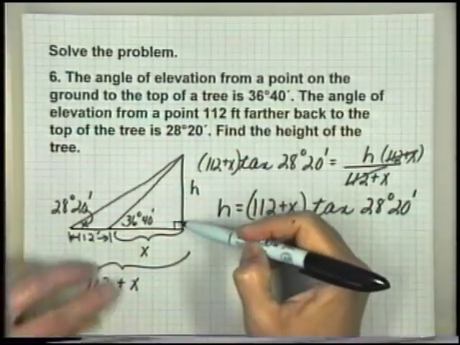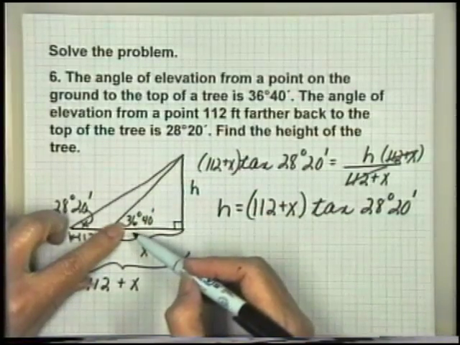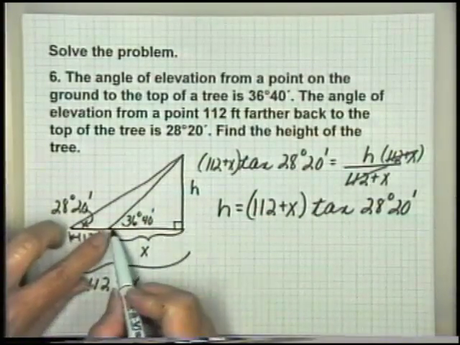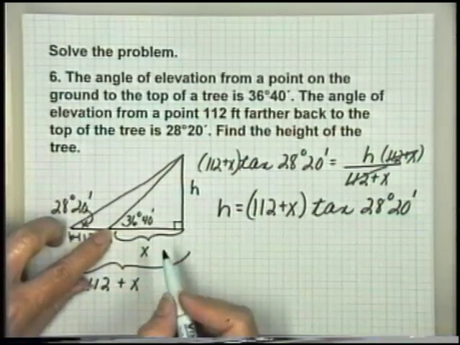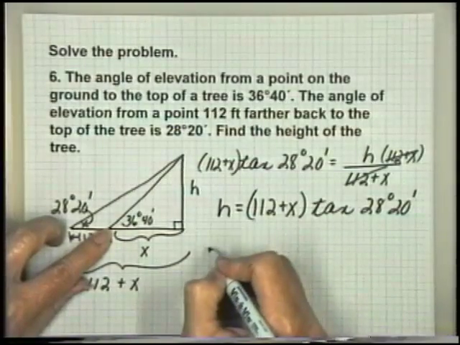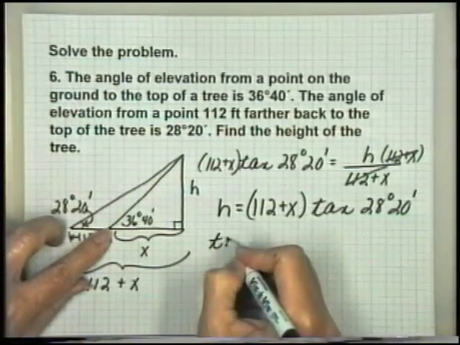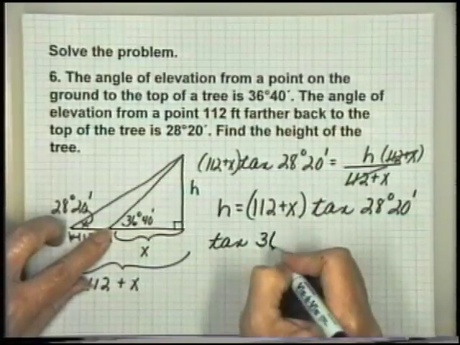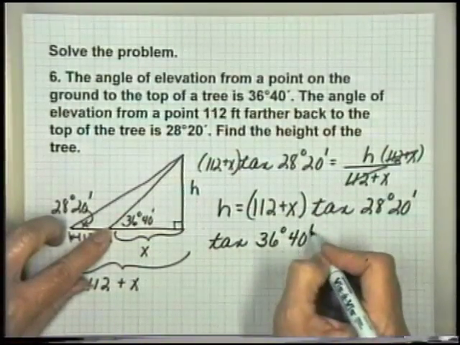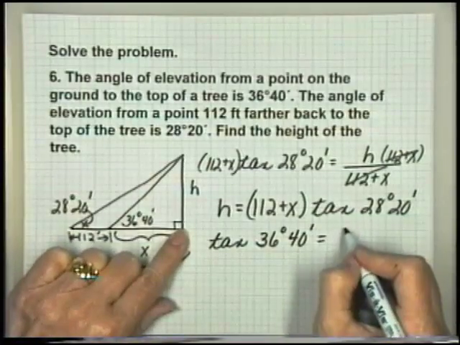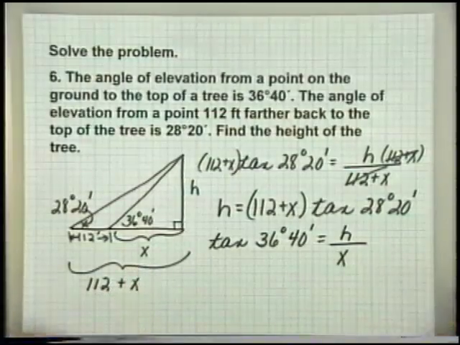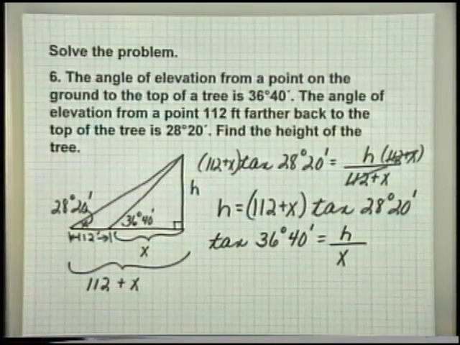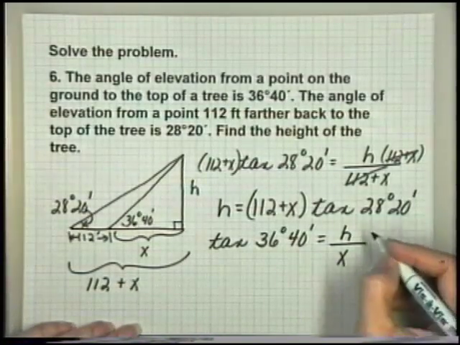Now let's look at this smaller triangle. H would be the leg that is opposite the 36 degrees, 40 minutes. X is the leg that is adjacent to the angle that measures 36 degrees, 40 minutes. So we can also say that the tangent of 36 degrees, 40 minutes equals the length of the opposite leg, which is h in this case, divided by the length of the adjacent leg, which is x.